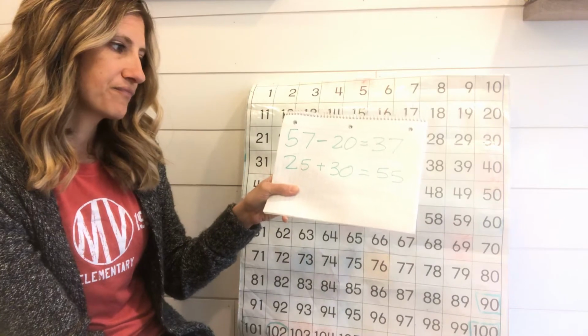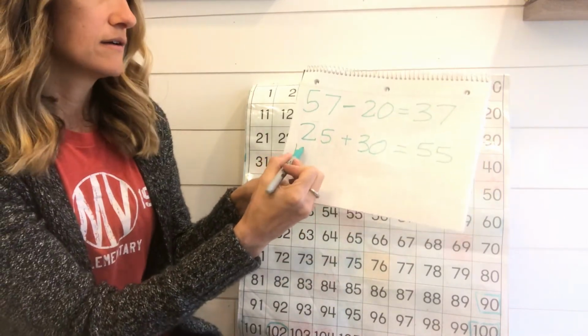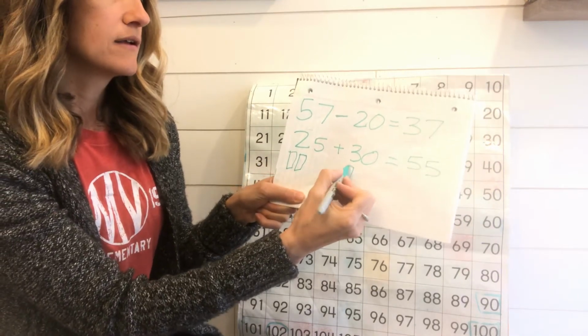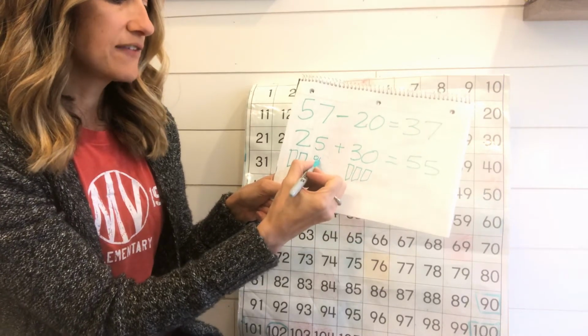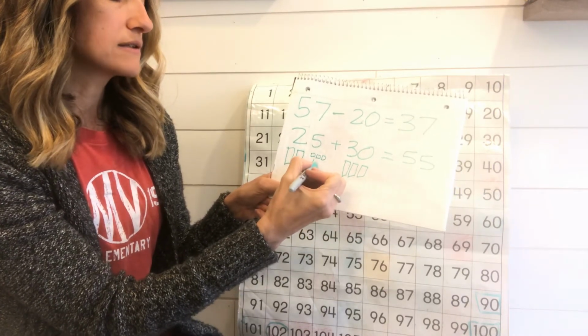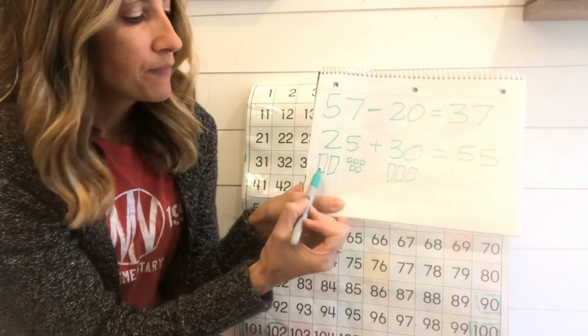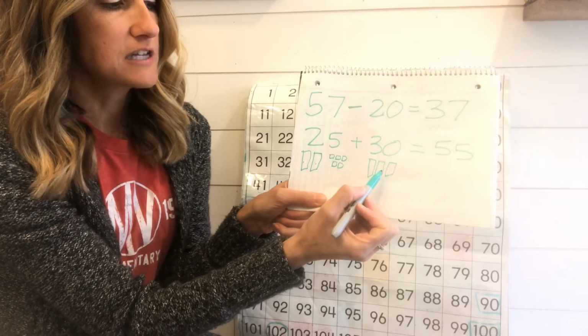So we had 2 10s here in our 20, and we wanted to add 3 more 10s. And don't forget, we still had these five ones in 25. So this is another way you can look at it. There was 10, 20, 30, 40, 50.